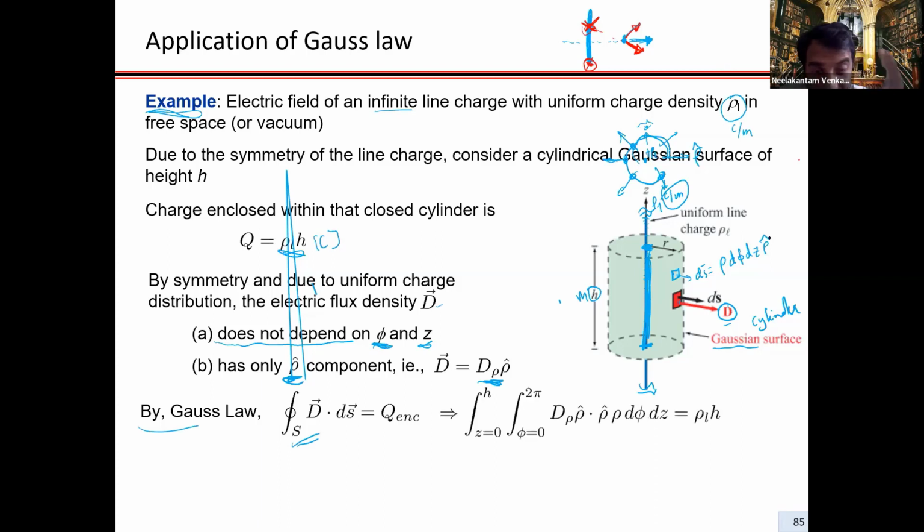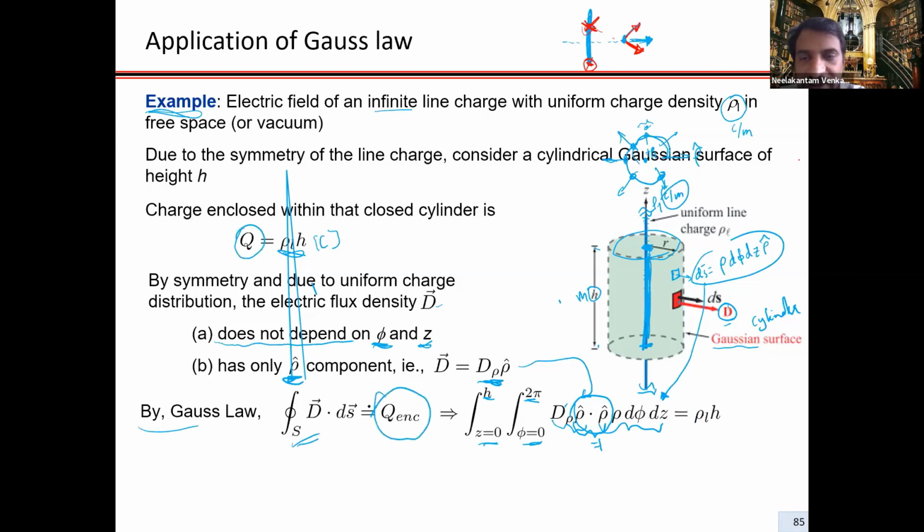When you do that, z is changing from 0 to h, phi changing from 0 to 2 pi. You notice that rho hat dot rho hat is equal to 1, so this term goes off, and you simply have D rho times the integral of d phi dz, and this is equal to the total charge enclosed, which is rho L h.